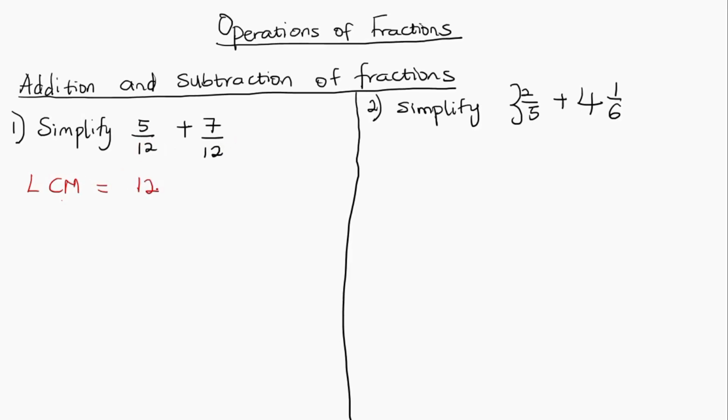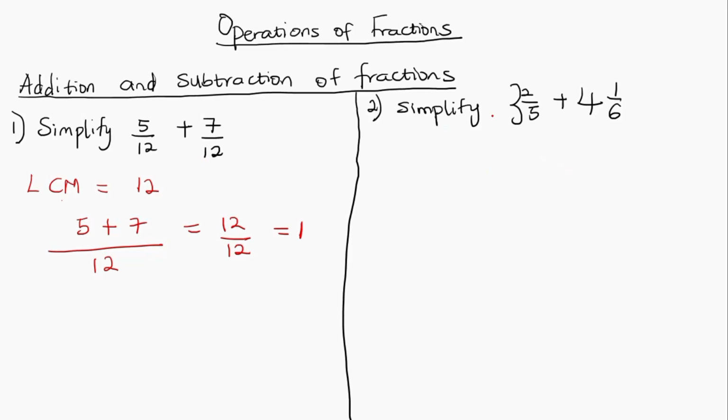Since we're having the same denominator, all we want to do is add the numerators, which is 5 plus 7. And 5 plus 7 is going to give us 12 over 12, and 12 divided by 12 is going to give us 1. So this is how you can easily add fractions with the same denominator.